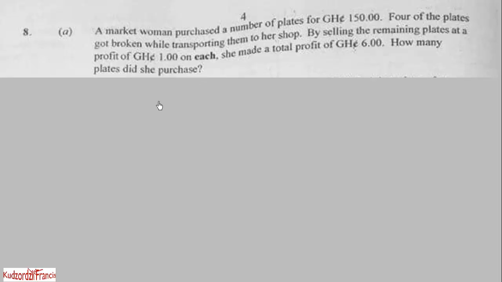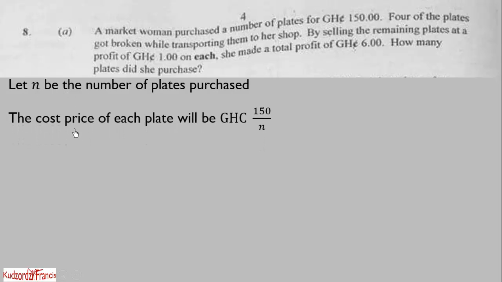Now, to solve the question, we let the number of plates that she bought be n, and with that we can calculate the cost of each plate by dividing the amount by the total number of plates she purchased.